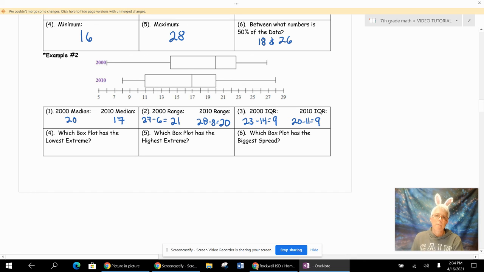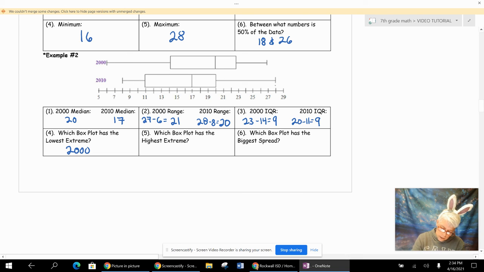Okay, which box plot has the lowest extreme? So let's see, for 2000, it is 6. For 2010, it's 8. I'm going to go ahead and erase my 6. And so the one with the lowest is going to be 2000. The highest, again, I'm going to erase that right over there.